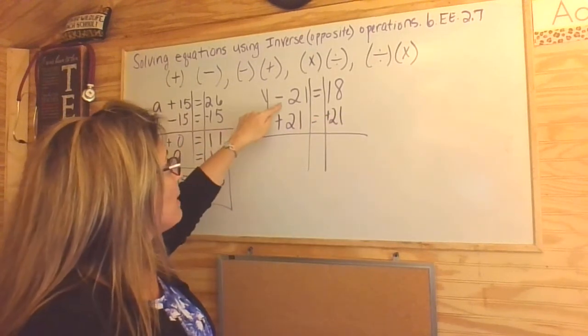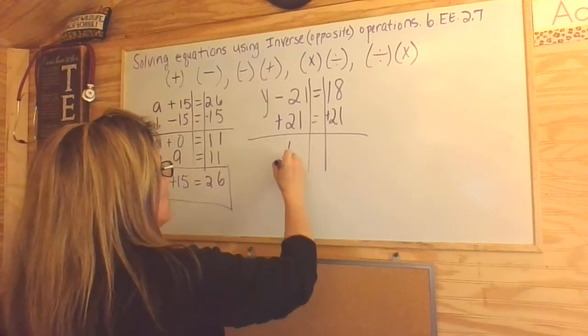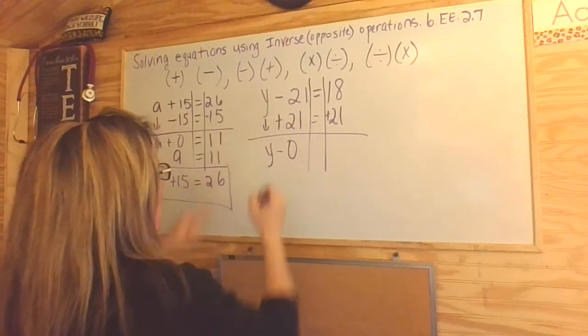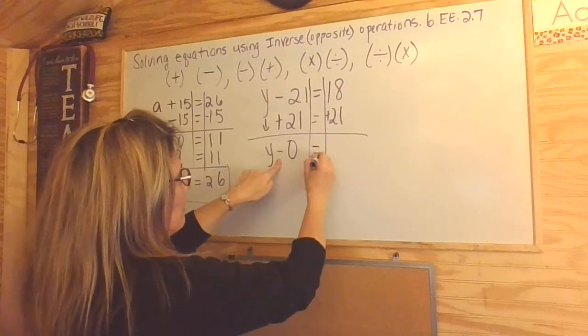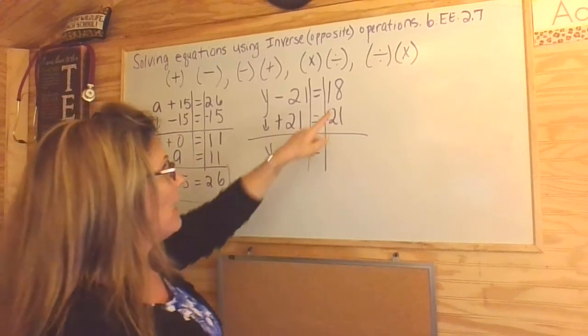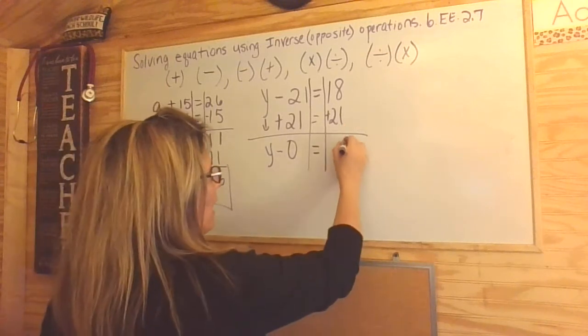When I have a minus 21 and a plus 21, they equal 0. I bring down my variable and my sign, carrying along my equal sign. Now I will solve for the other side. I have 8 plus 1 is 9.